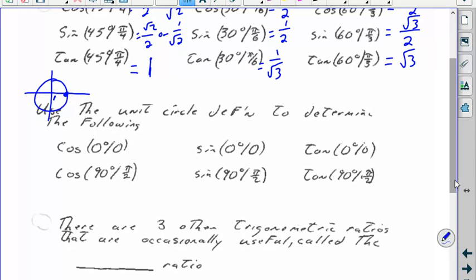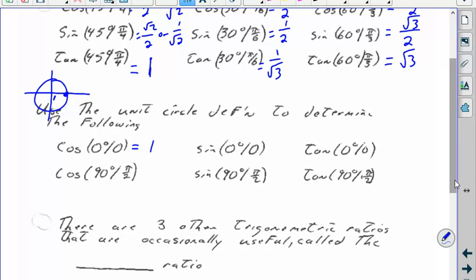Well, it's 1 over and 0 up. So going to our definition for cosine, cosine is the x-coordinate of the intersection of the terminal arm and the unit circle. So cosine of 0 degrees or 0 radians is 1. Sine of 0 degrees or 0 radians, well, what's the y-coordinate of that point?